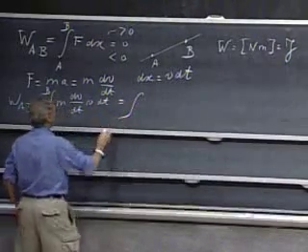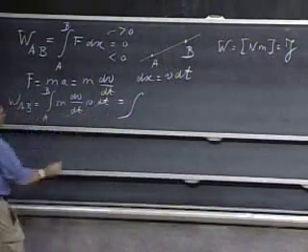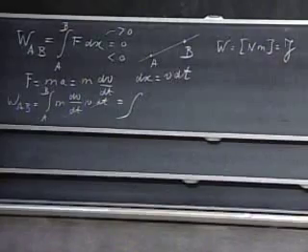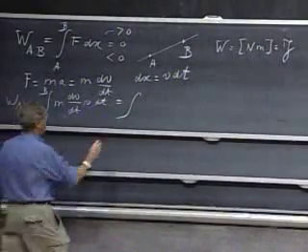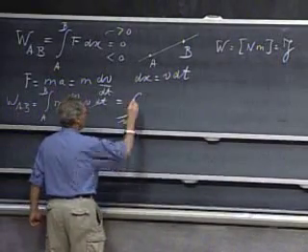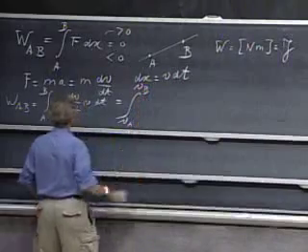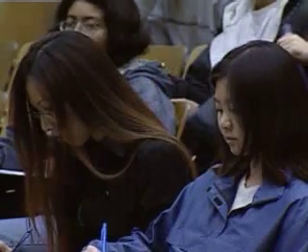And look what I can do. I can eliminate time, and I can now go to an integral over velocity, from velocity VA to velocity VB, and I get m times v times dv.